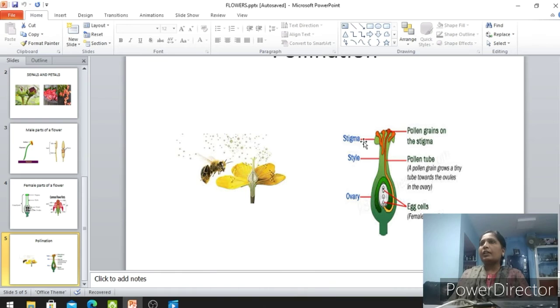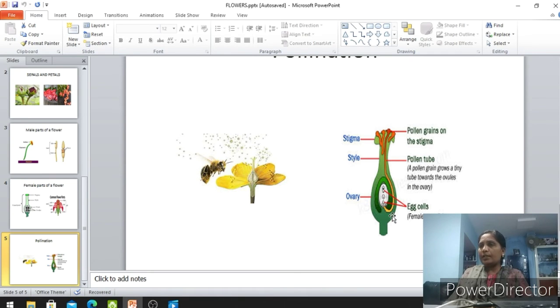So after falling on the stigma, we'll see what happens in the stigma. Here, out of many pollen grains, one pollen grain which is very healthy will grow a long tube-like structure up to the ovary. This long tube-like structure growing from the pollen grain is known as pollen tube.